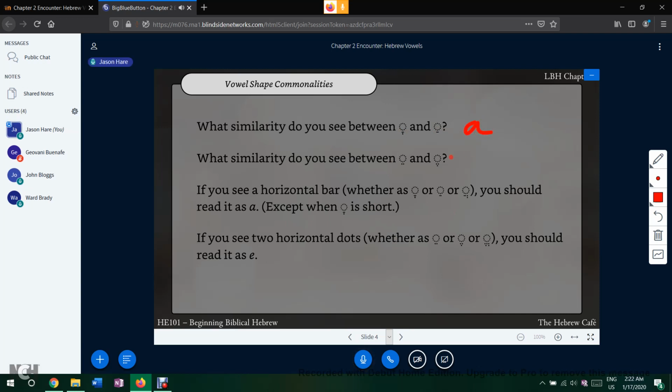The two dots beside each other, and it can multiply out to 3, is E. So if you see a horizontal bar, you should read it as A, except when this is short. Kamatz is short. If you see two horizontal dots, you should read it as E. Okay? We already went over that. Good?